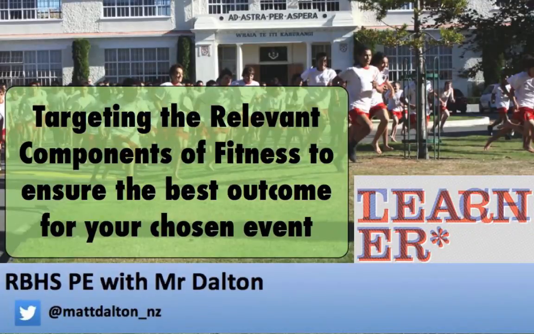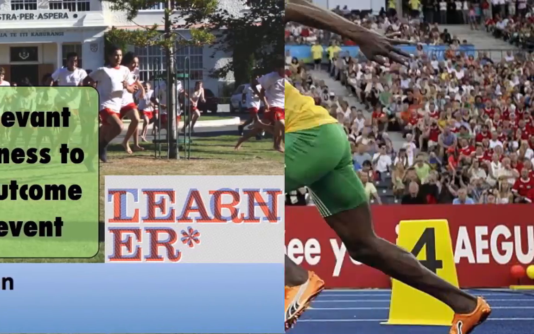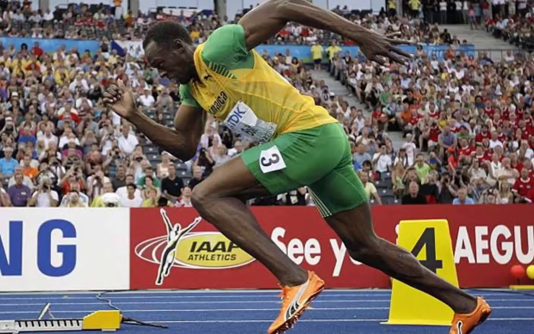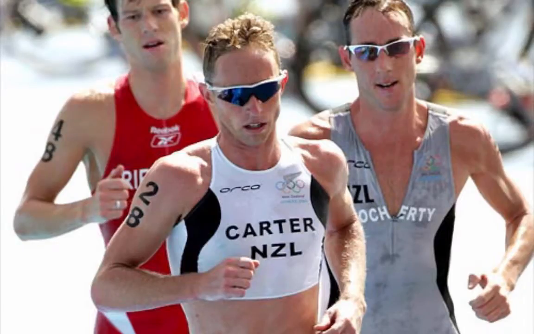Different sports have different requirements and therefore require you to train differently to achieve the best outcome. Looking at these athletes here, they require completely different types of training. Their training will be specifically designed to improve the relevant components of fitness that are important for their sports.